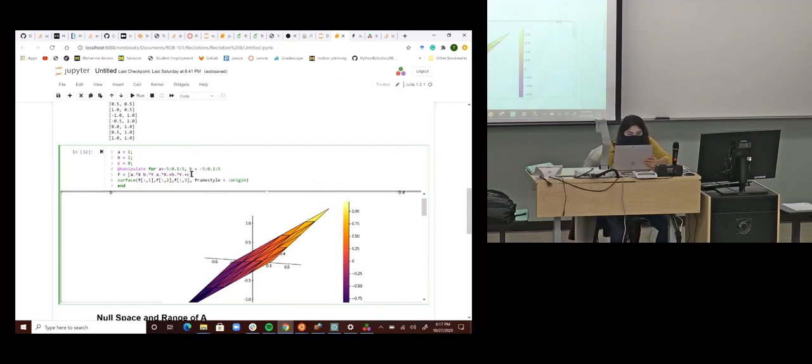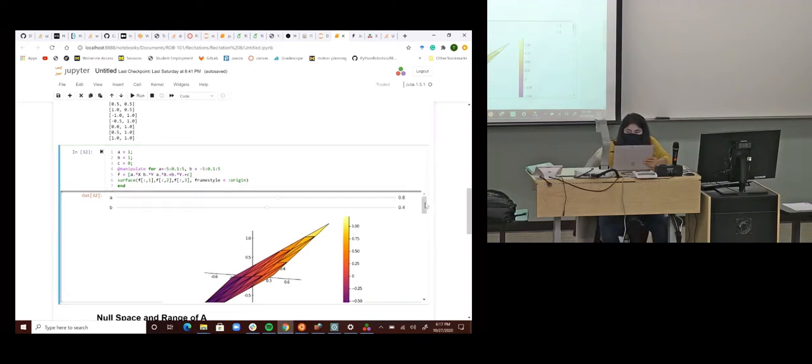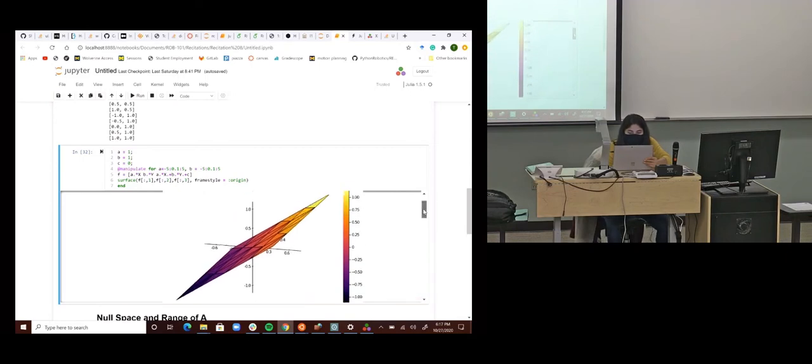So what does that subspace look like? That subspace basically looks like a plane passing through the origin right here.